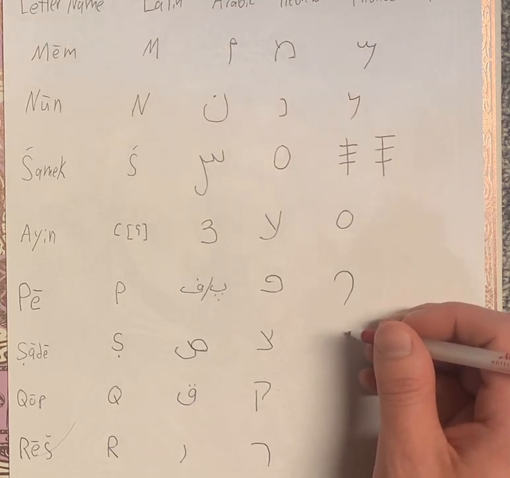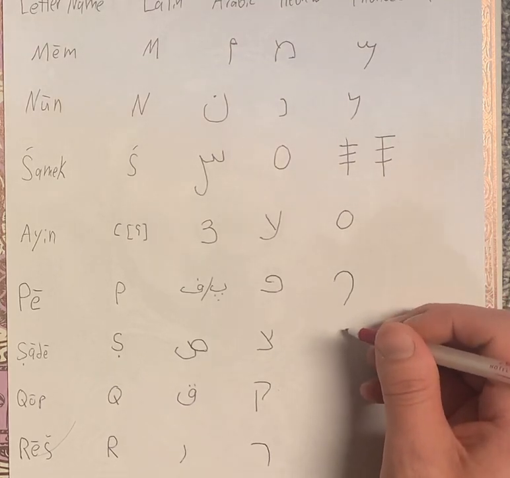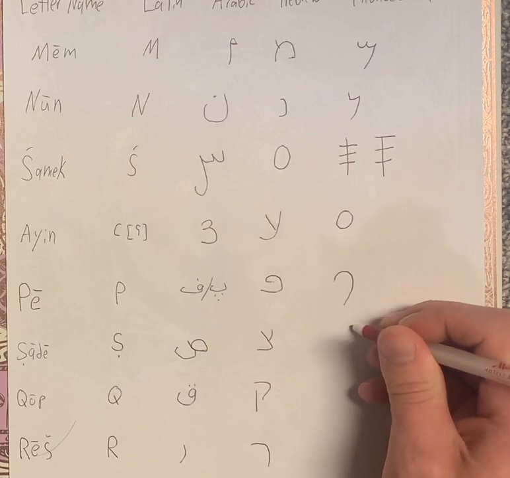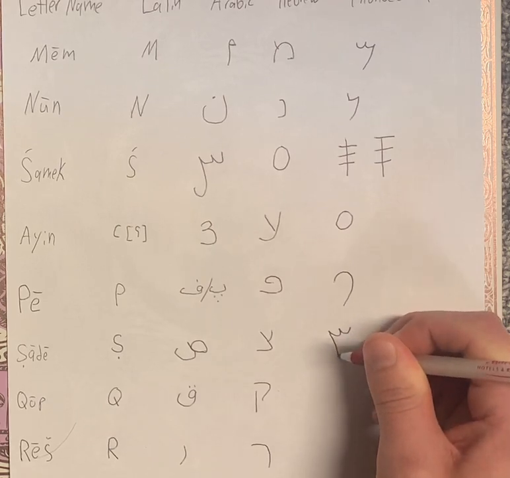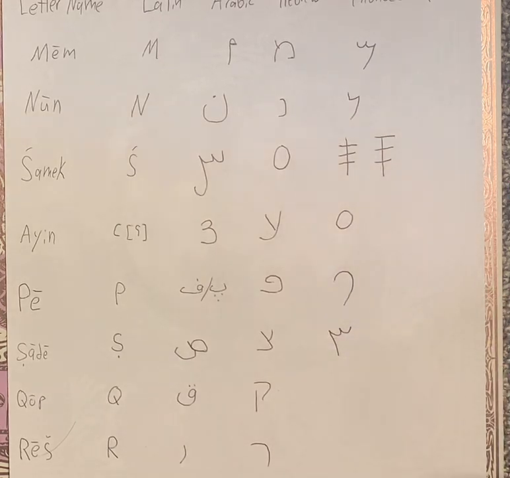Next we have sade, an S with a dot under it, and so that's an emphatic S. That sound can be difficult for English speakers to master. I know I struggled with it, I still do sometimes speaking Arabic.